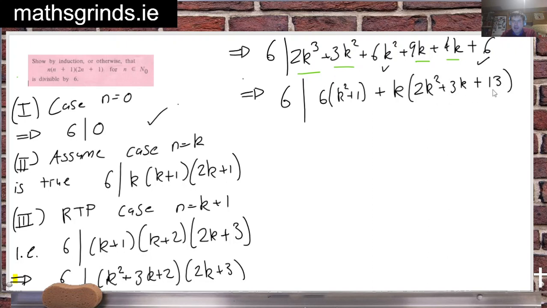Now I can see that's not quite going to work because there's no way I could factorize this to get this guy here. This 13 is too big. It should be 6 would be better. So I have to do a little bit more cleaning up first.